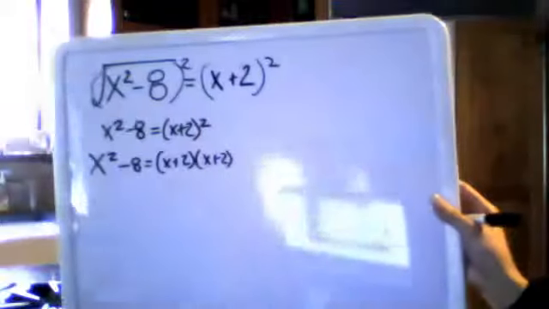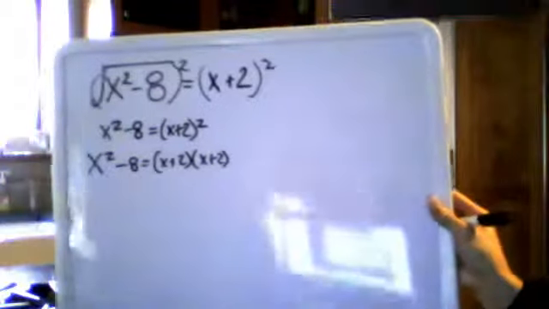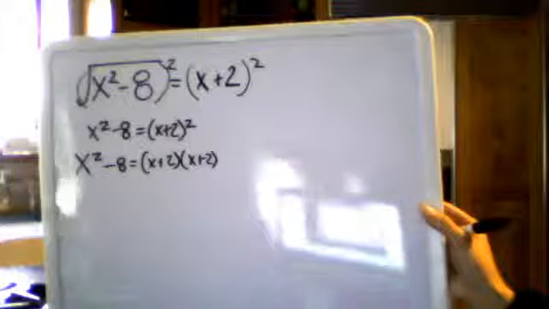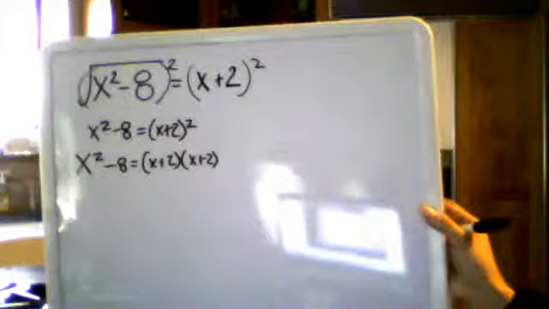Now go ahead and distribute those in the parentheses, because now we have it in factor form, so go ahead and distribute that. And add like terms together, and it should give you a trinomial.